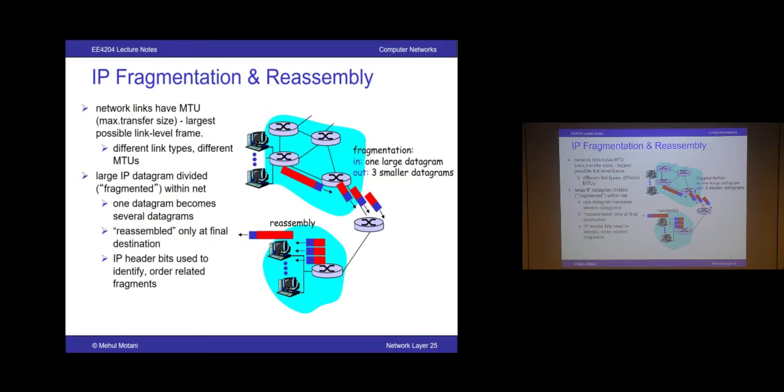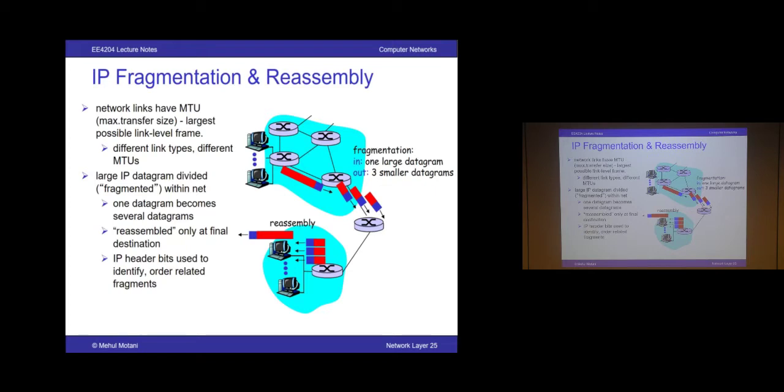All right, here, as I mentioned, if you look at the word internet, inter means between, right? Like international, between nations. And intra means within. So intranet is within an organization. So the internet is between networks.